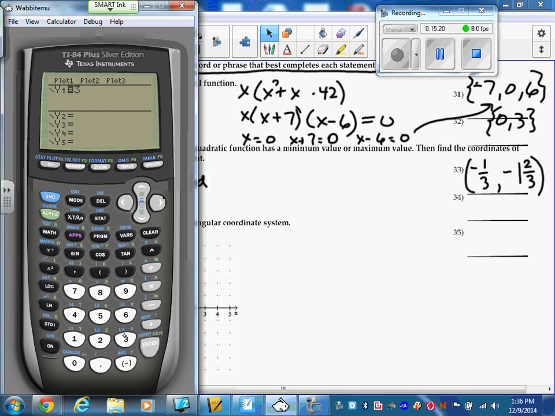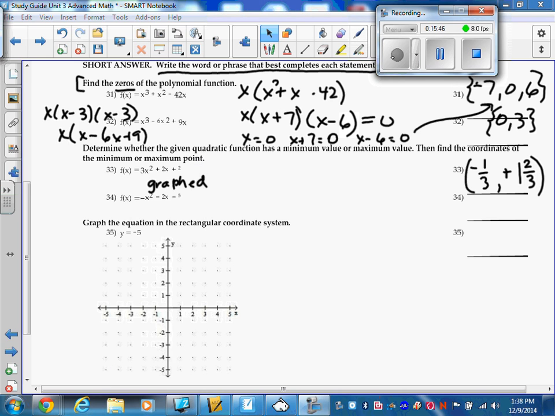It's 3x squared plus 2x plus 2. Is that the right one? And that's what I had graphed, wasn't it? Right? So the minimum is right here. We have to find the minimum. We already found it. I thought I had done the wrong one, so let's do it over. Okay, so we did have the one right, except it was positive 1 2/3.